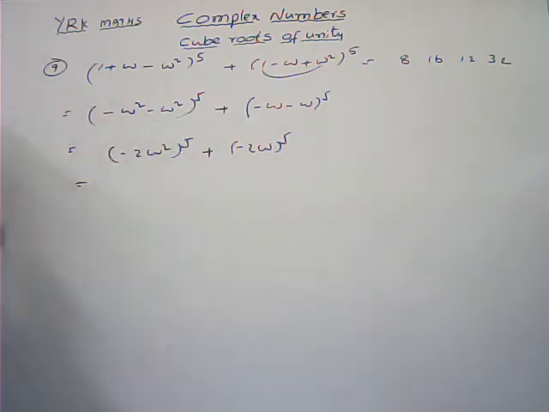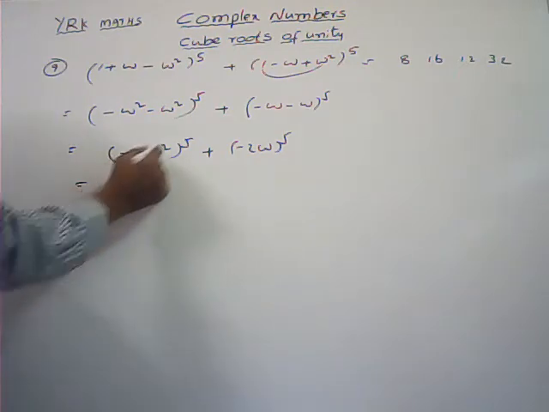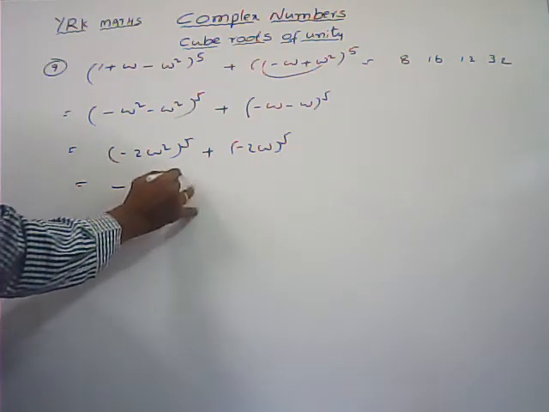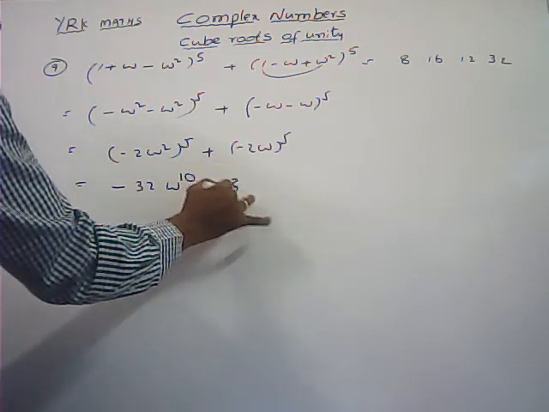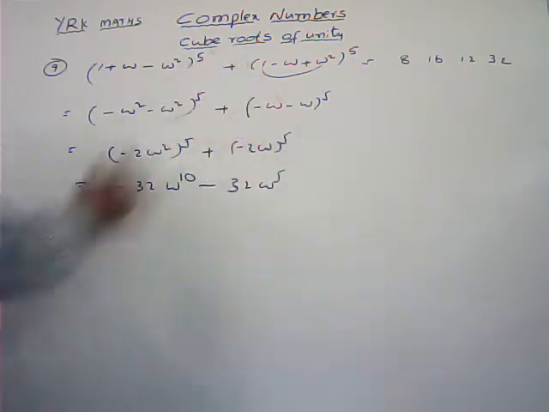Minus, if I write odd number of terms, minus 2 power 5, that is 32 omega power 10, here also minus 2 power 5, that is 32 omega power 5.